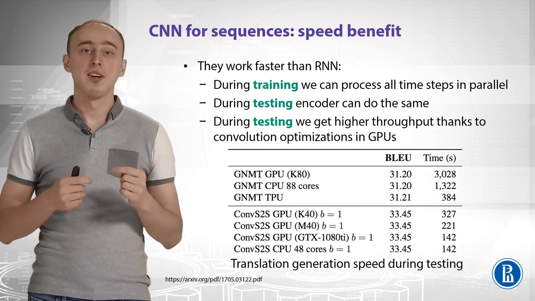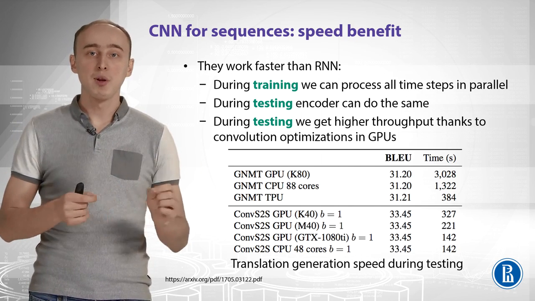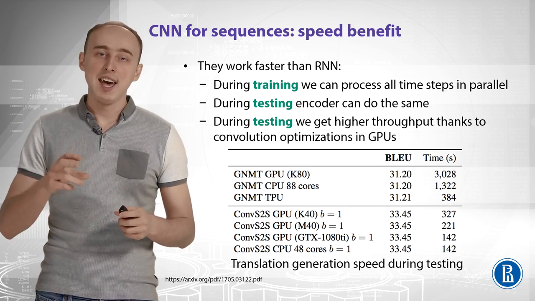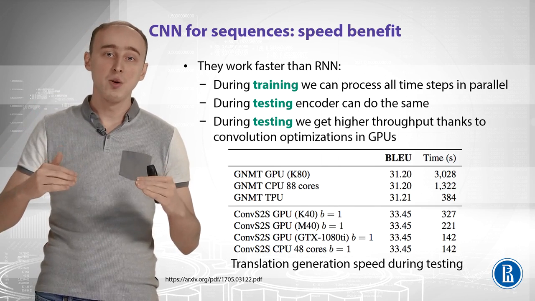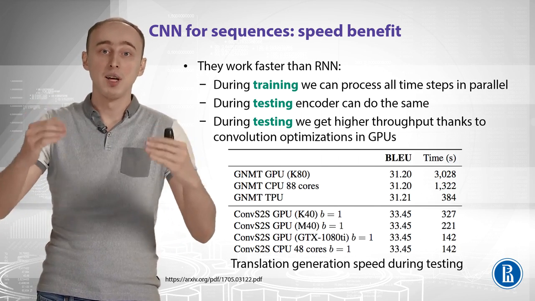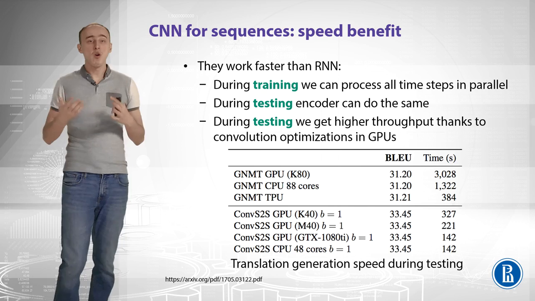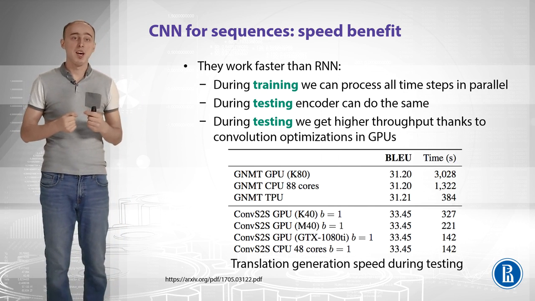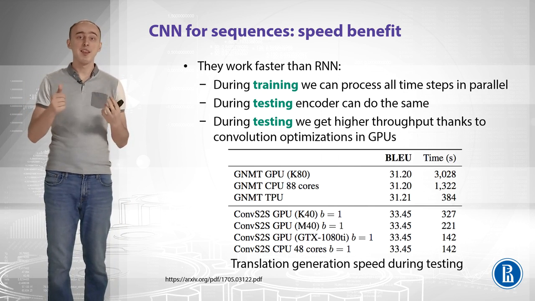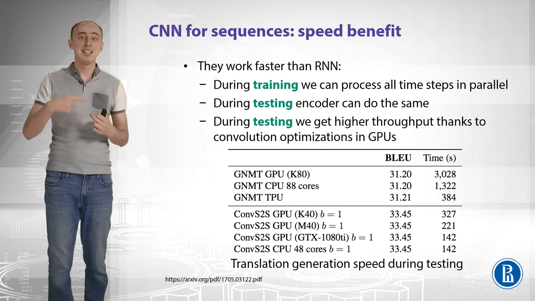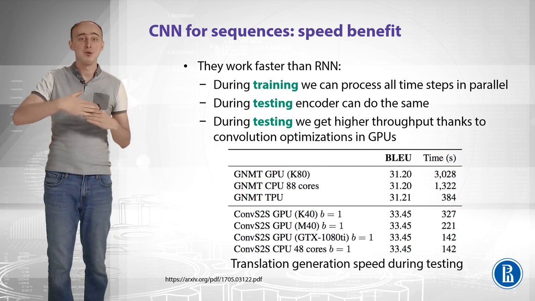What is a good thing about CNNs is the speed benefit. If we compare it with RNN, the problem with RNN is that it has a hidden state, and we change that state through iterations, and we cannot do our calculations in parallel because every step depends on the other. We can overcome that with convolutional networks, because during training we can process all time steps in parallel. We apply the same convolutional filters at each time step, and they are independent, so we can do that in parallel.